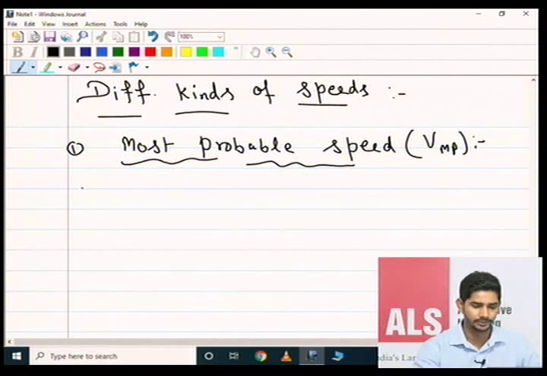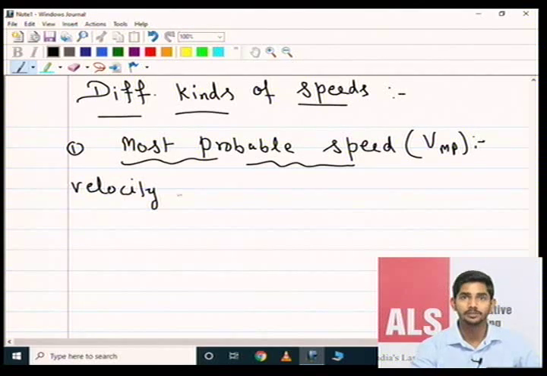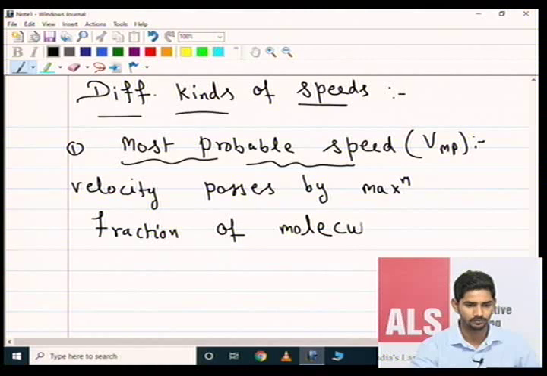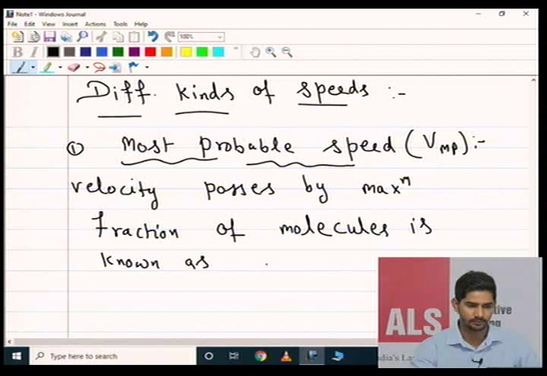Guys, copy with me. The speed possessed by the maximum fraction of molecules is known as most probable speed.